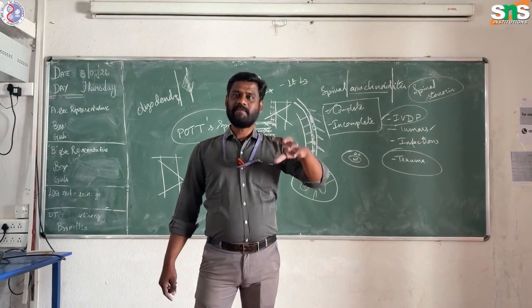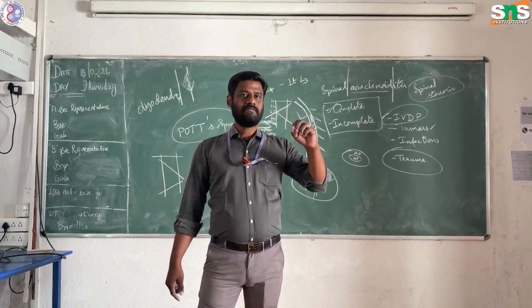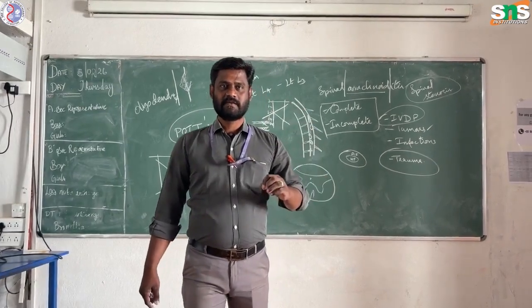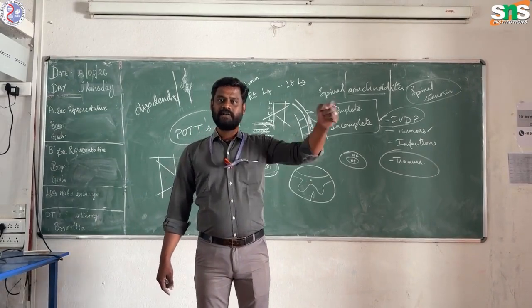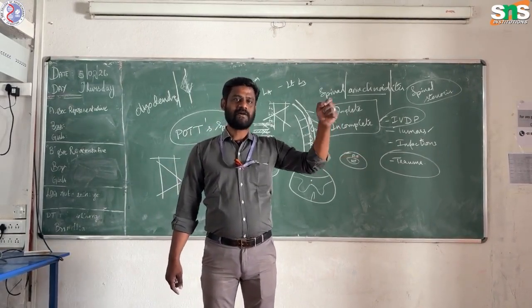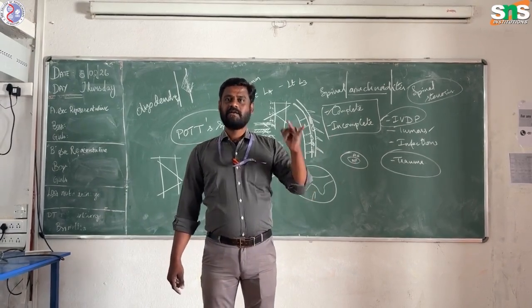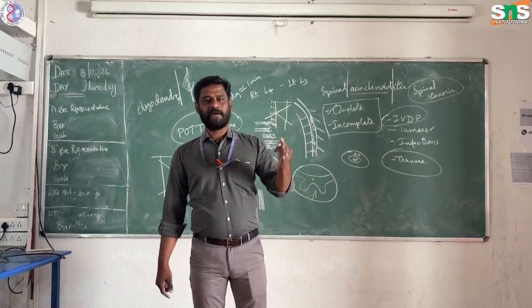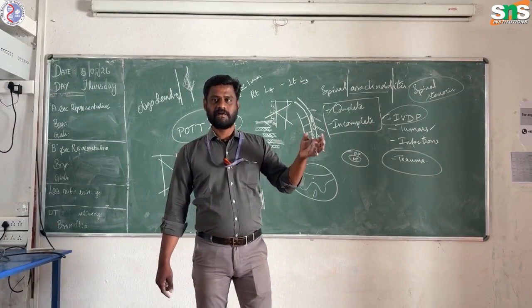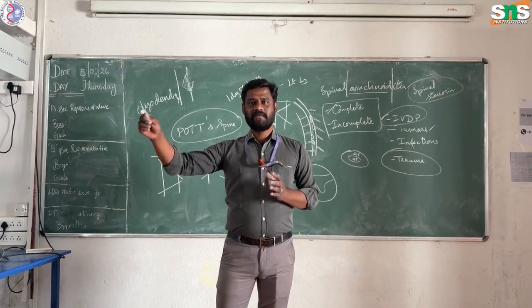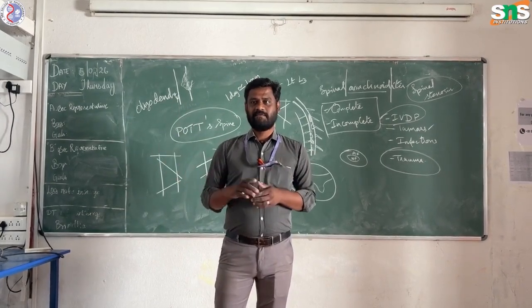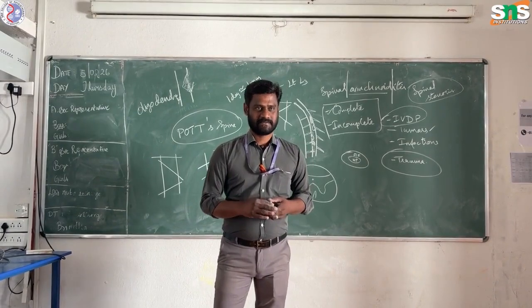The CSF may contain some inflammatory debris. Why, sir? Maybe because of any previous infection. That may be because of virus, bacteria, or pyogenic germs, or else they may already have had, for example, viral meningitis.